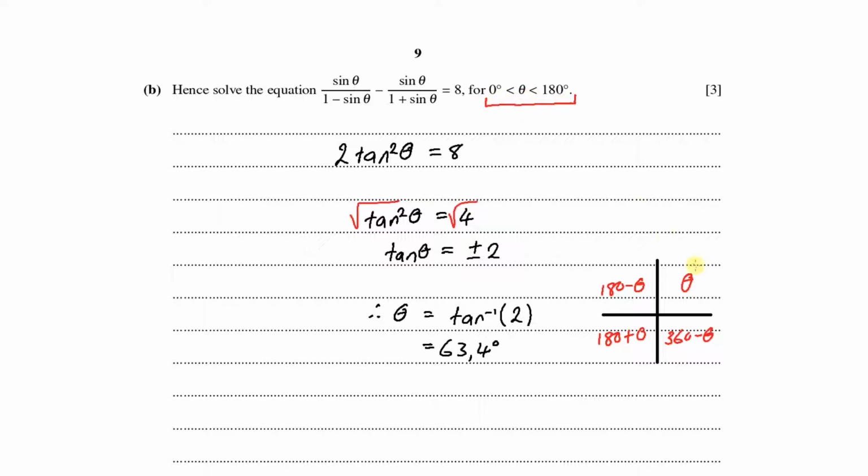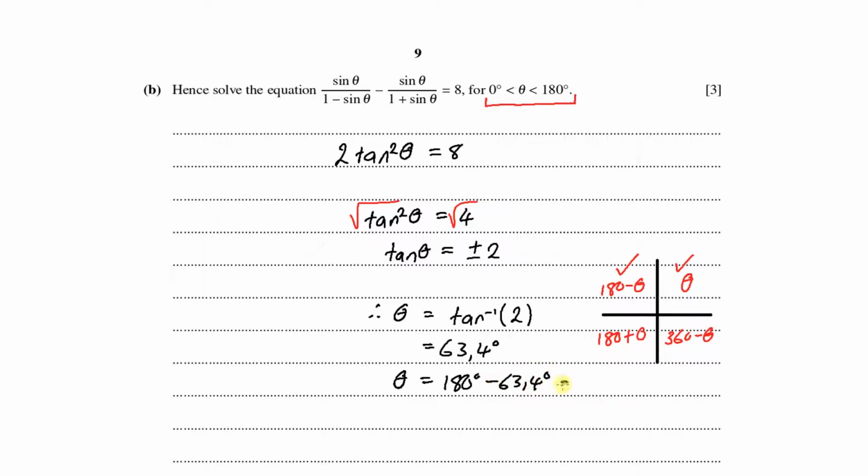But the ones that we want here are the ones that satisfy the range 0 to 180 degrees. So we're going to take a value from the first quadrant, which we already have here as 63.4. And we're also going to take a value from the second quadrant, which definitely should lie within range. So the other value of theta is going to be 180 degrees minus 63.4 degrees.